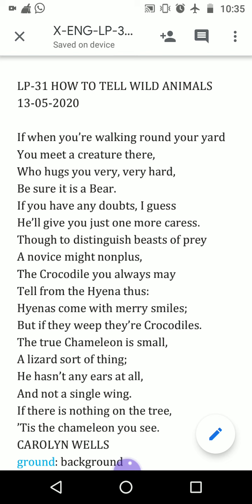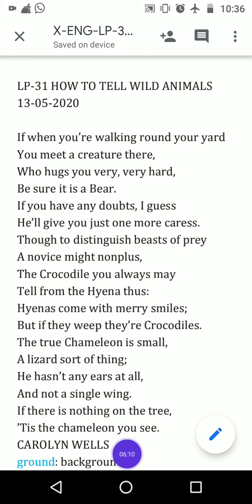Beast of prey refers to those who hunt animals and eat flesh. A novice refers to someone completely new in this profession, completely inexperienced. Nonplus refers to being confused.